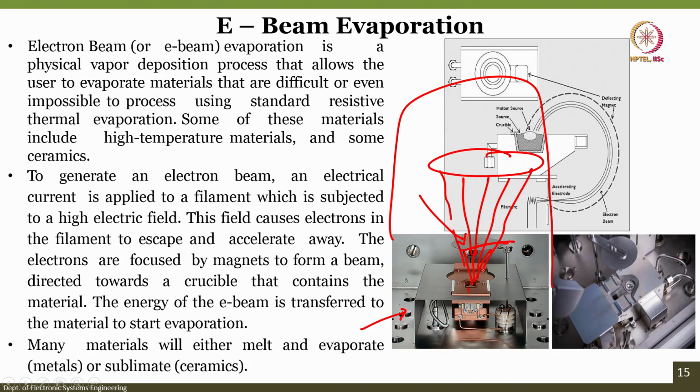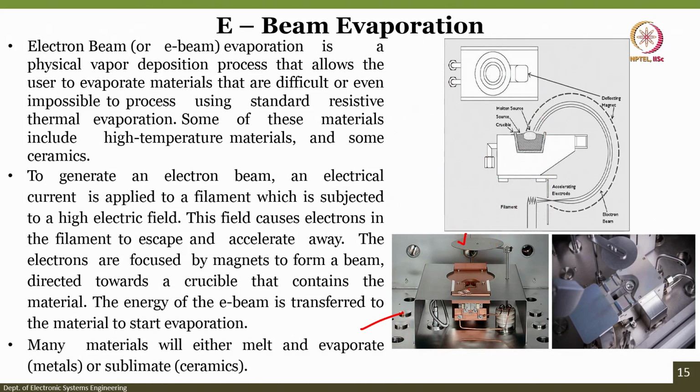So, electron beam or e-beam evaporation is a physical evaporation technique that allows the user to evaporate materials that are difficult or sometimes even impossible to process using resistive thermal evaporation. Some of these materials have extremely high temperatures. Now, for generating the electron beam, an electrical current is applied to a filament which is subject to a high electric field.